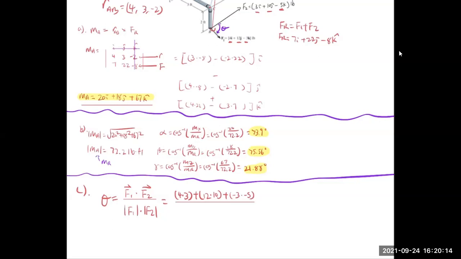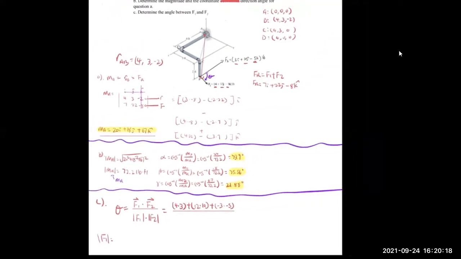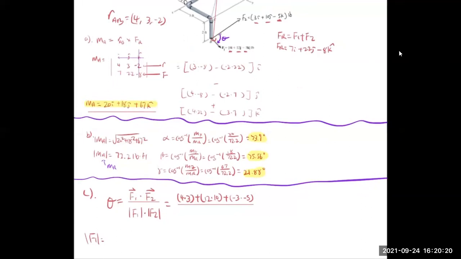Okay, and then let's find out what F1 is. So F1 will simply just be square root of 4 square plus 12 square minus 3 square. And I got 13 for that. And then F2, that's 3 square plus 10 square minus 5 square.